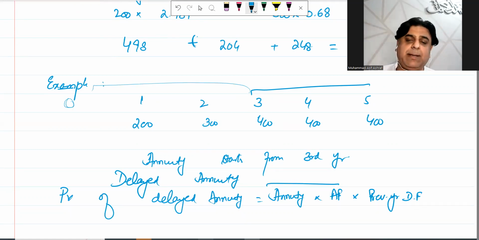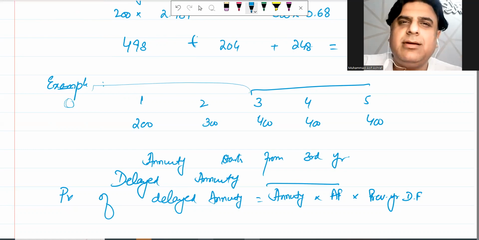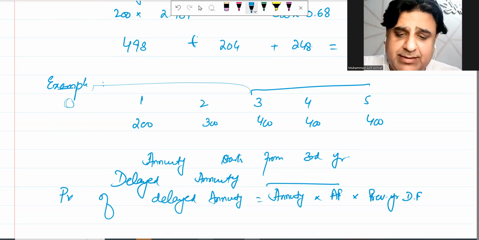Always remember, if the annuity starts from year 5, take the present value of the annuity and multiply it with the discount factor of year 4. That's it. Once you are into a delayed annuity, don't forget to multiply it with the previous year discount factor.